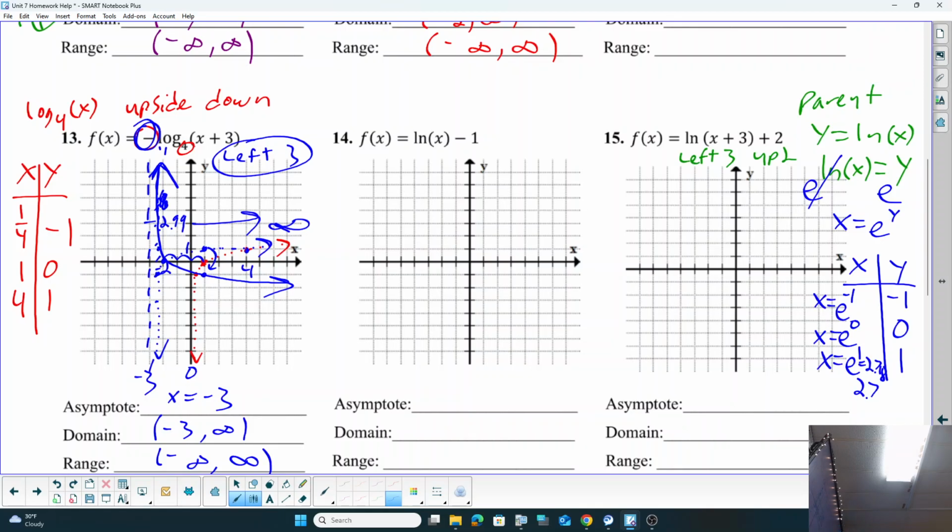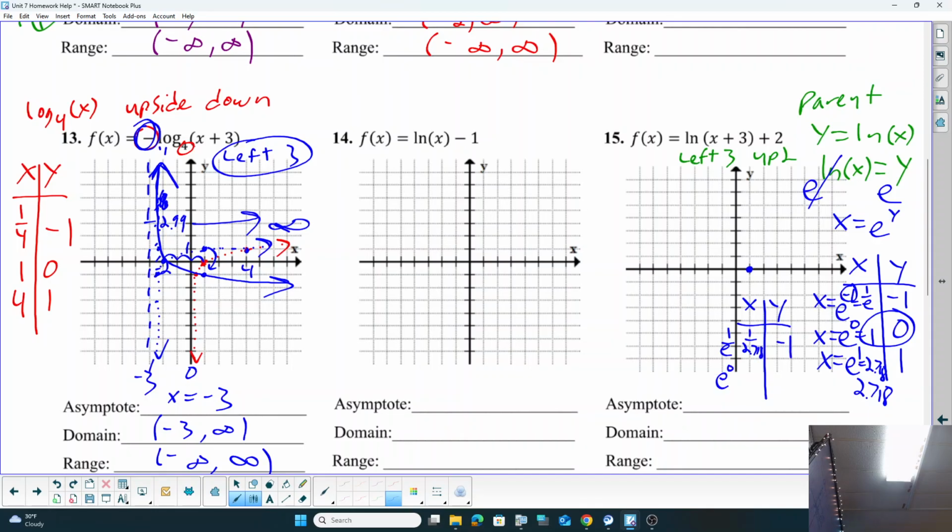Do you remember that? e to the 0 power is just 1, so that's over 1, up 0. e to the -1 is 1 over e, which is basically 1 over 2.71828.